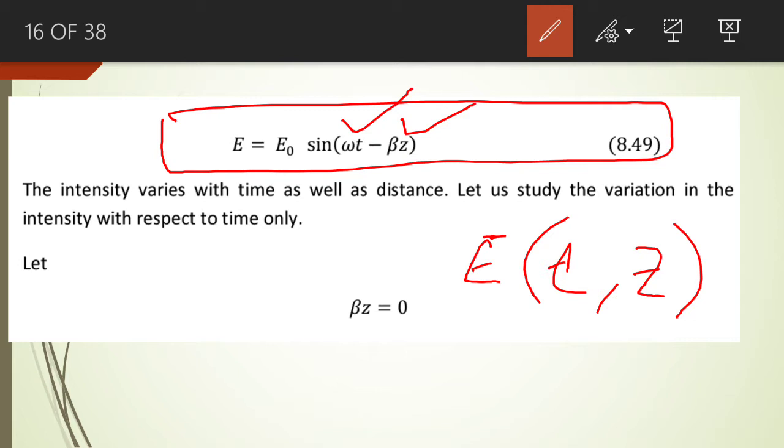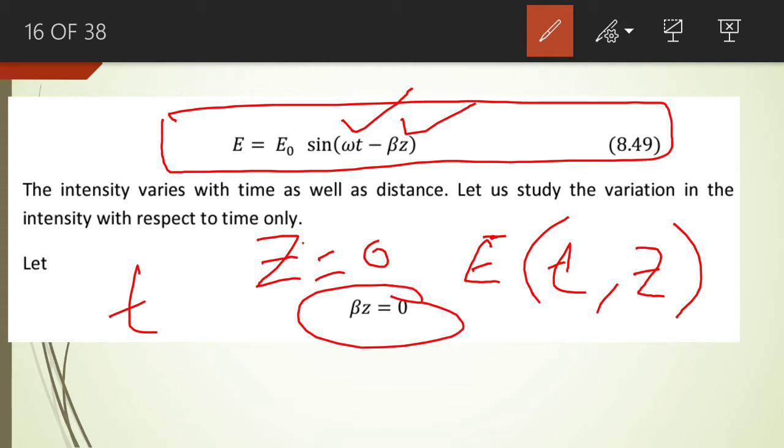So we are going to study the variation in the magnitude of the electric field intensity with respect to time only. If you want to study the variation in the electric field intensity with respect to time, then we will assume that z in this particular equation is 0. And if z is 0, then definitely kz will be 0 as well.